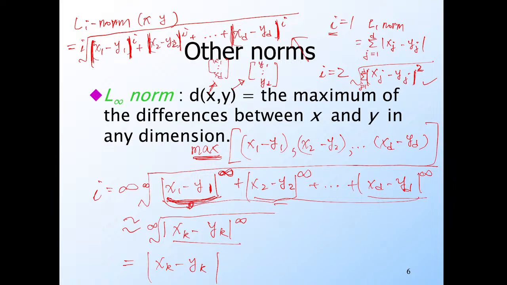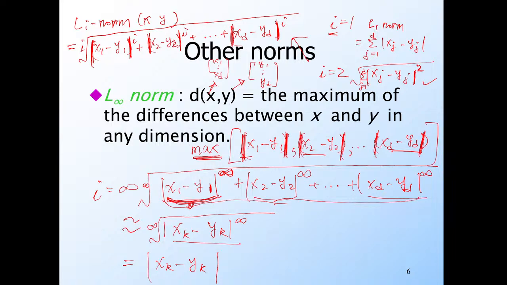Oh, so here I should use absolute value. So that's why the L infinity norm is the same as choosing the max among all these things. Previously, just a couple of minutes ago, I said I was wrong because there should be an absolute value.